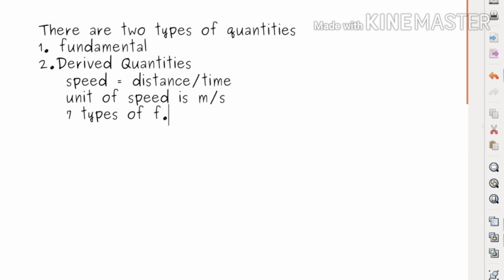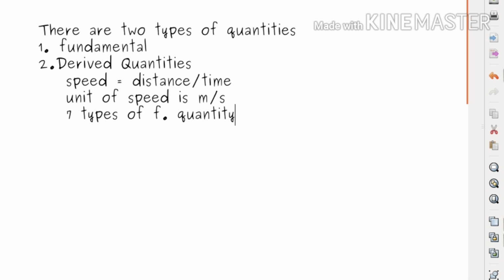So I'm taking the names: length, meter; mass, kg; time, second; electric current, ampere; thermodynamic temperature, that you call simply temperature, that is in Kelvin; amount of substance, you know about it, the amount is calculated in mole; and one more thing, luminous intensity, that is calculated in candela.